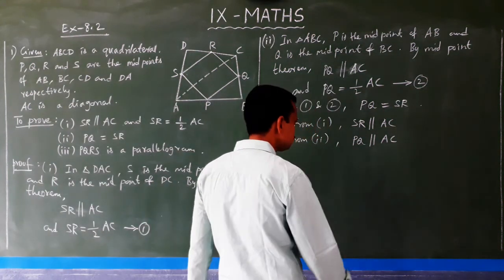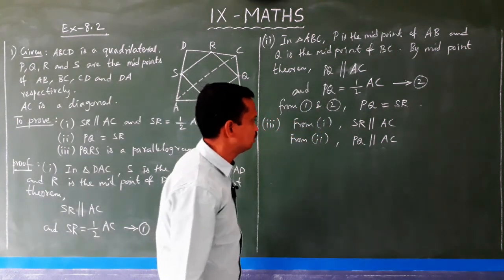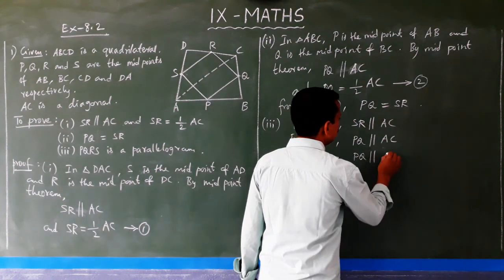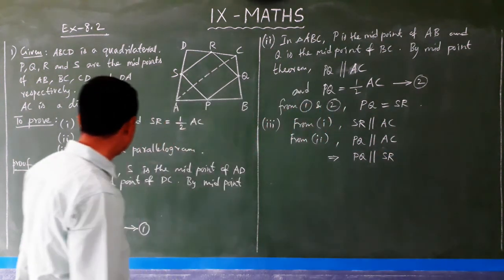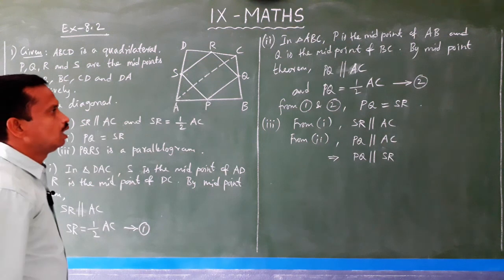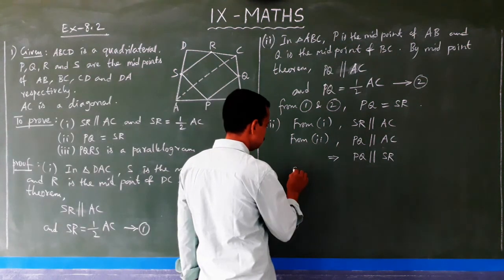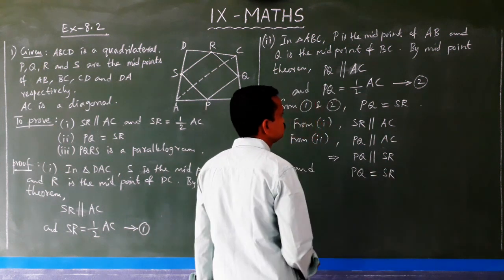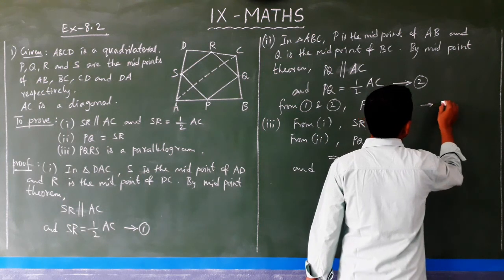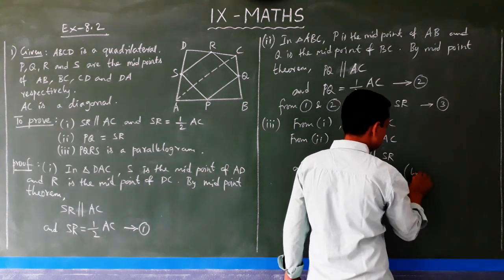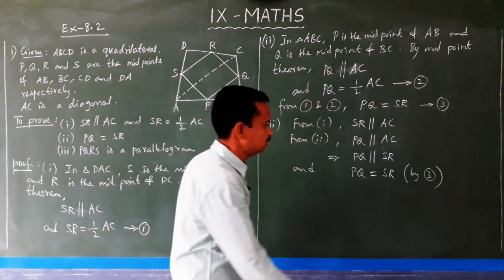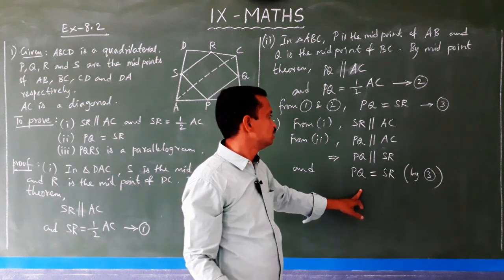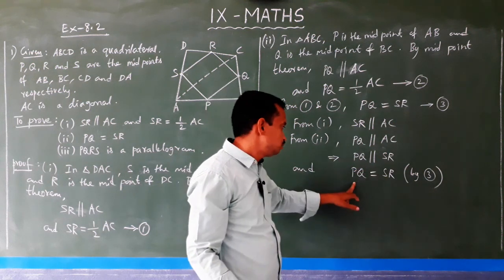So therefore we can say PQ is parallel to SR. Clear? And PQ is equal to SR. Take this as equation number 3. By equation 3, we can say PQ equal to SR. Already we proved it. So PQ parallel to SR and PQ equal to SR.